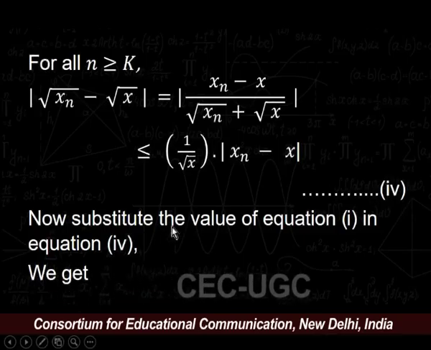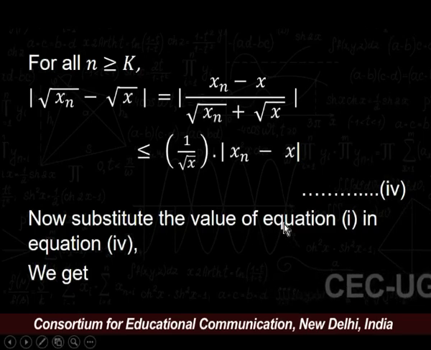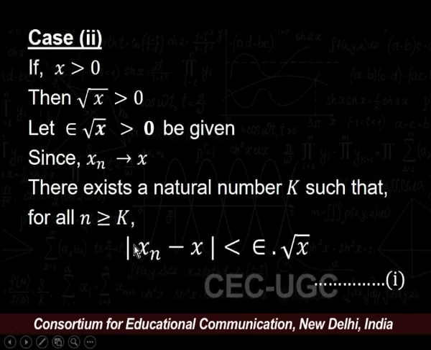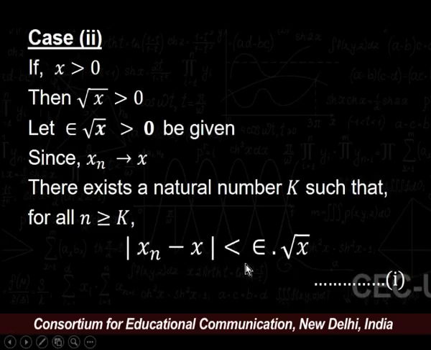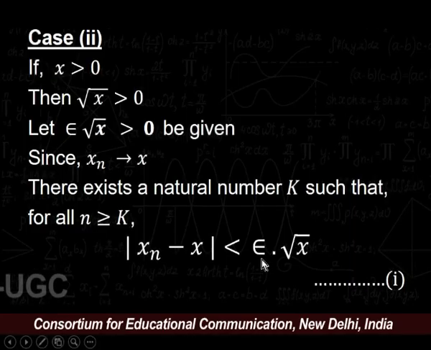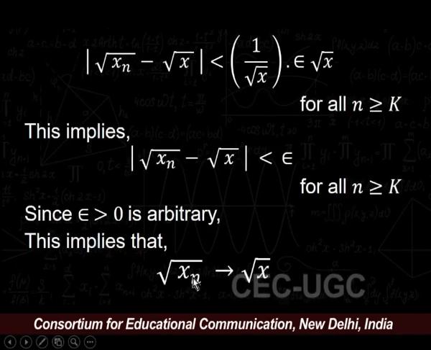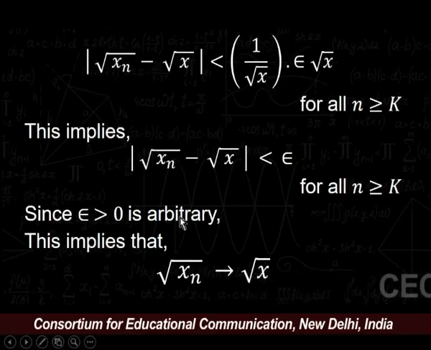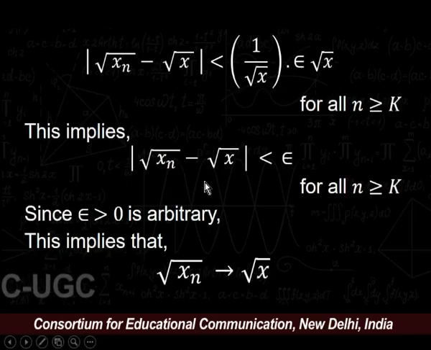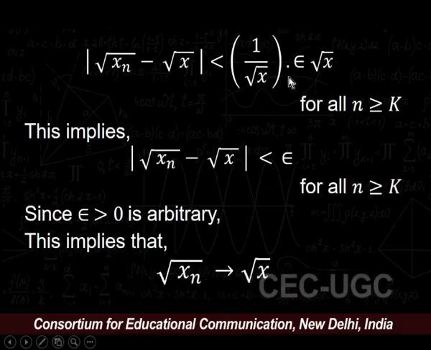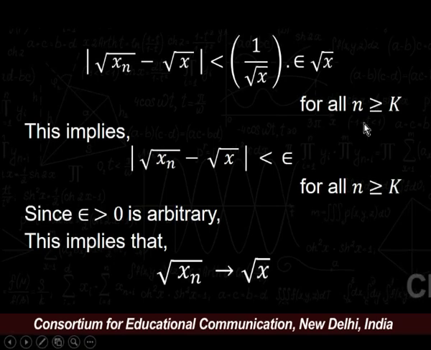Now, substitute equation number 1 in equation number 4. Recall equation number 1 says that modulus of xn minus x is less than epsilon times root x. So, substituting, we get modulus of square root of xn minus root x is less than 1 upon square root of x times epsilon times root x for all n greater than or equal to that natural number k.